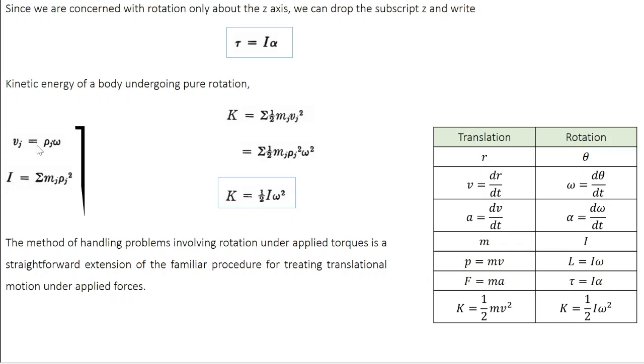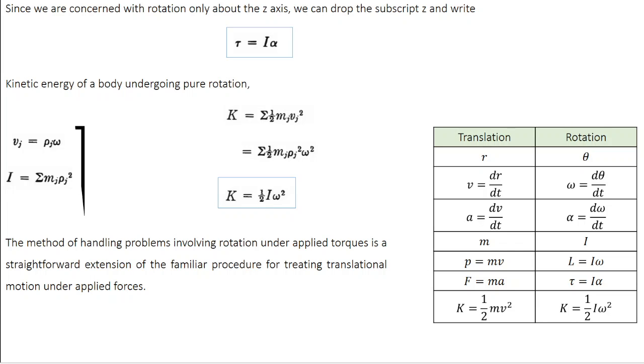Linear velocity is given by rho multiplied by angular velocity, where rho is the perpendicular distance from the axis. So Vj equals rho j omega. Substituting this, my equation becomes K equals half summation over j of mj rho j squared omega squared. In the last class we have seen summation over j of mj rho j squared is nothing but the moment of inertia I, so K equals half I omega squared.